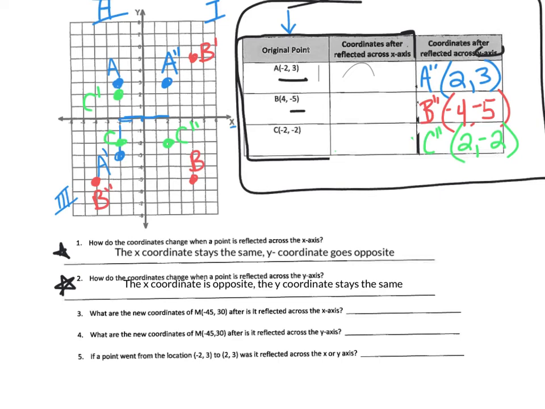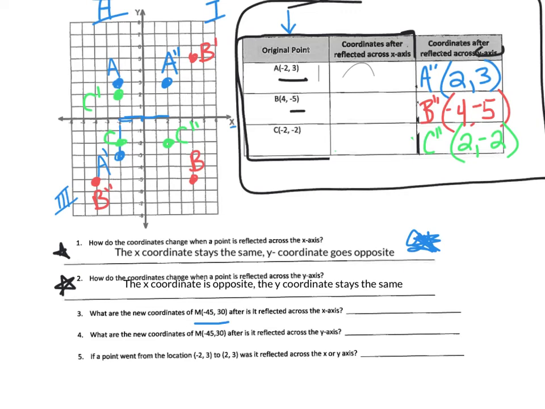Take a look at question number 3. It says, what are the new coordinates of point M, which is located at -45, 30, after it is reflected across the x-axis? We just learned that when a point is reflected across the x-axis, the x-coordinate stays the same and y goes to the opposite.